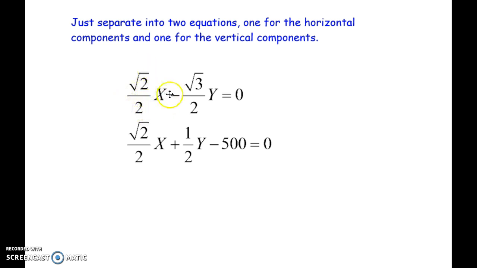This is the i component from the first vector, and the i component from the second vector, and there was no i component from the third vector, so that's 0. So this was F1's i, this is F2's i component, and there was no i component from F3.